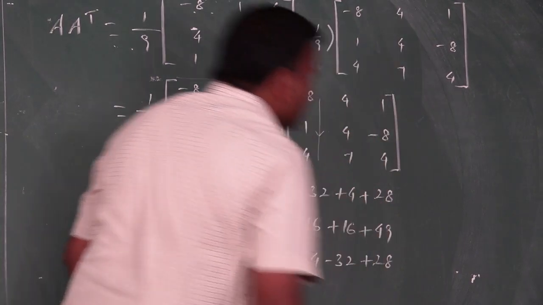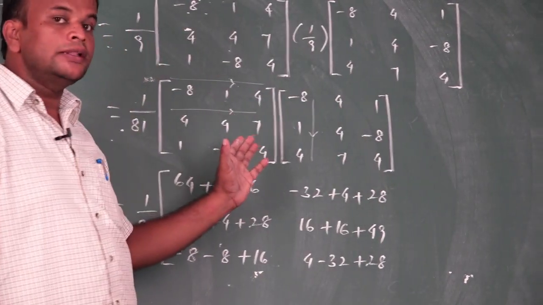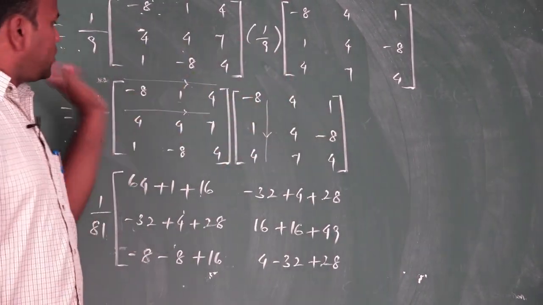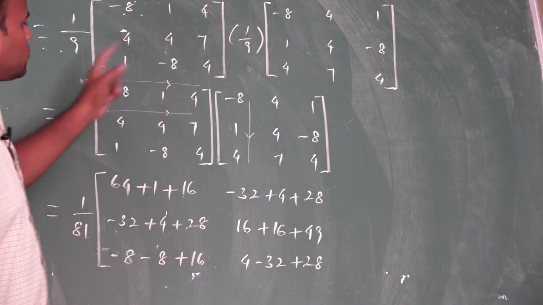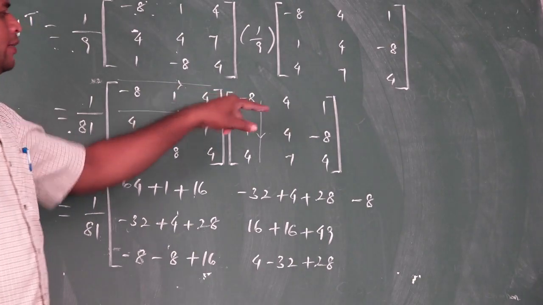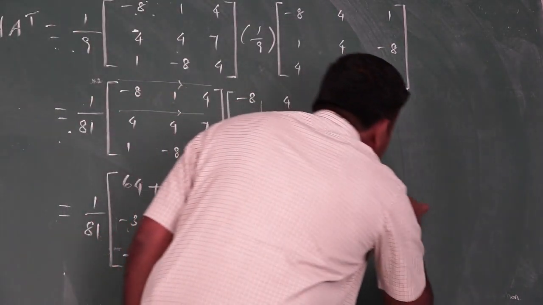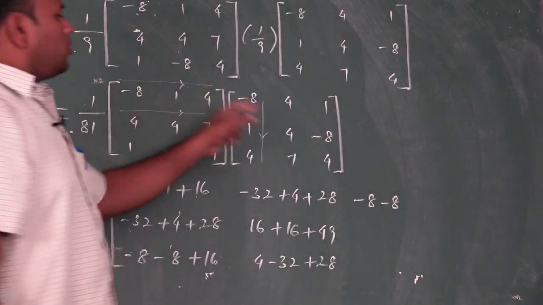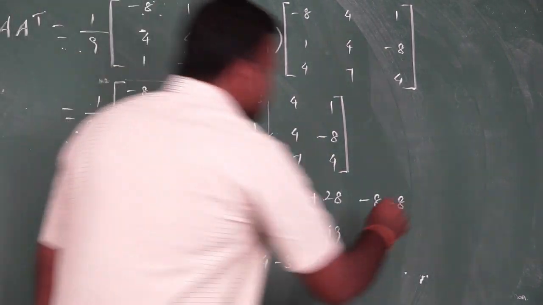Same in the third column. First row, third column: minus 8 into 1 is minus 8. 1 into minus 8 is minus 8. 4 fours are plus 16.